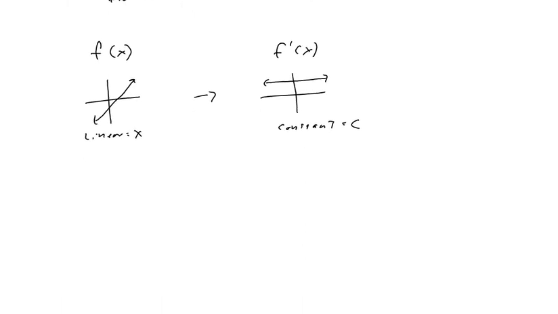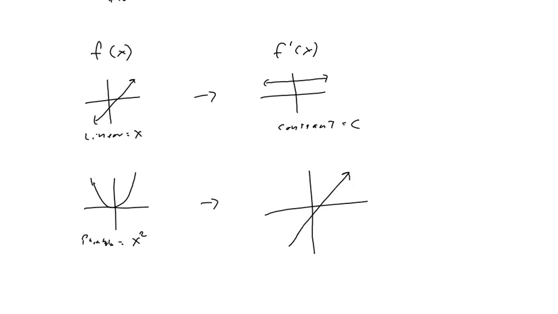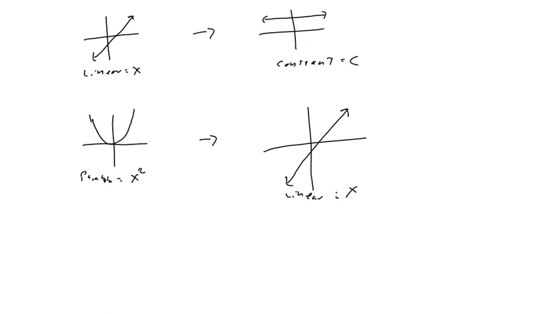And then if you had, for example, a parabola for your function, which was x squared, when you did the derivative of that, you always got a line, which was x. So linear became a constant derivative, parabola became a linear derivative, and if we kept going in this pattern, we had a cube function, x to the third power.